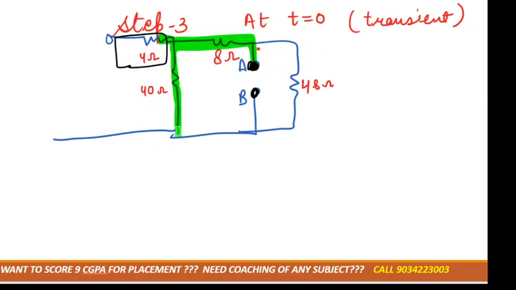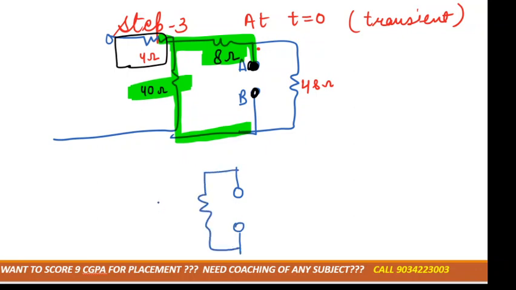Now see, this 40 ohm and 8 ohm are in series or in parallel? Are they in the same path or in different paths? This 8 ohm and this 40 ohm are in the same path, so these are connected in series. So this would be 48 ohm and this is also 48 ohm.